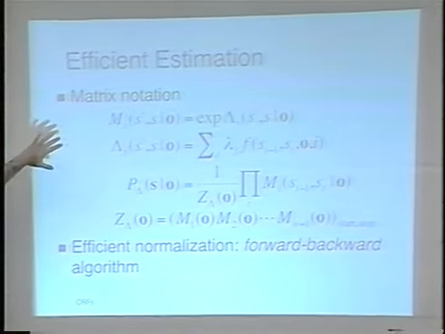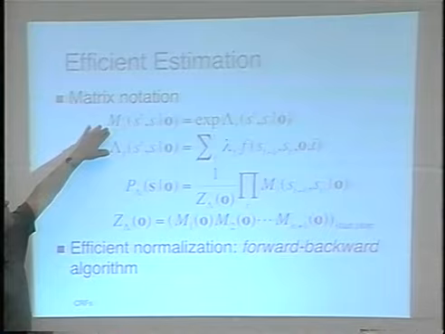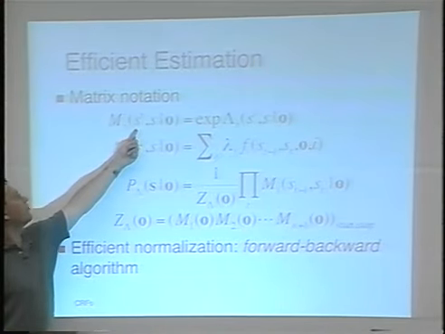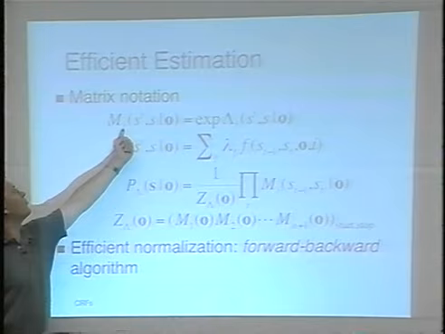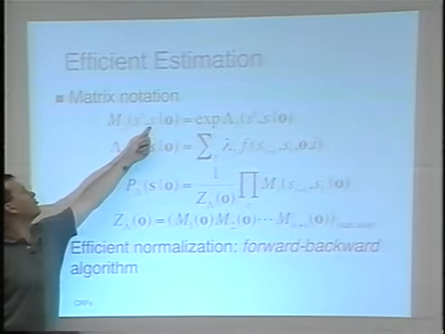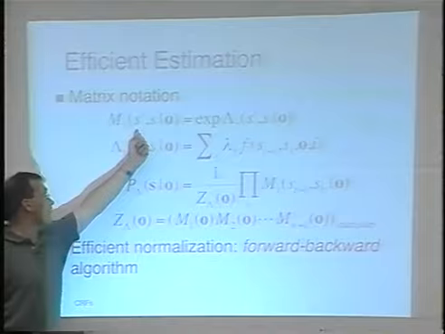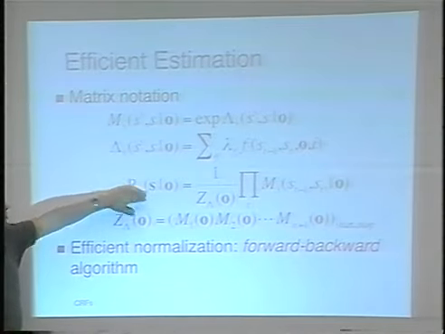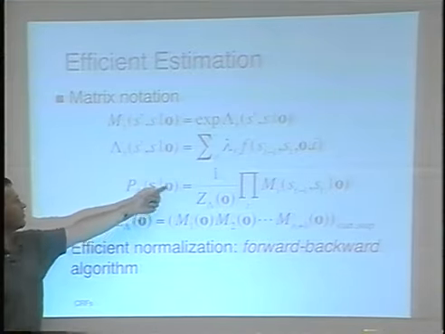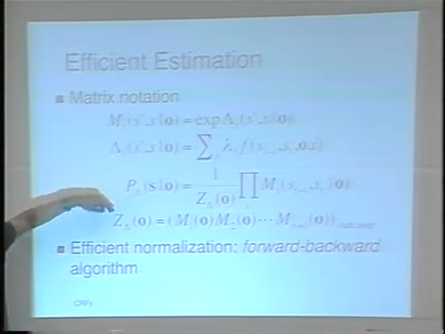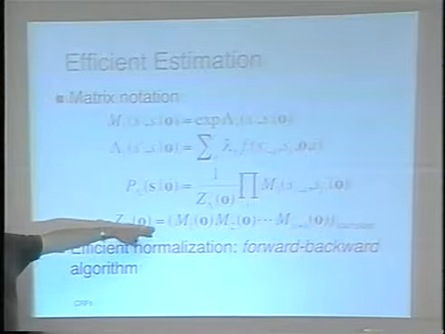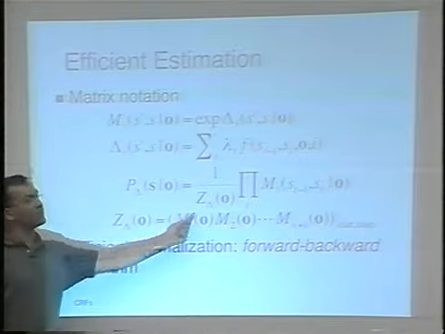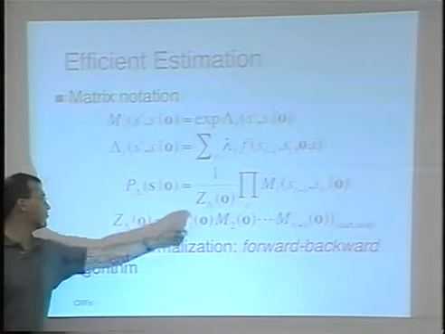There's a nice way of thinking of the problem in terms of matrices, where these matrices essentially tell you, given the observations, the score associated with going from state S prime to state S at position T. Then you can rewrite the conditional probability of S given O in the form that is given there, and the normalization you can also write as a particular position in the product of these matrices over each position.